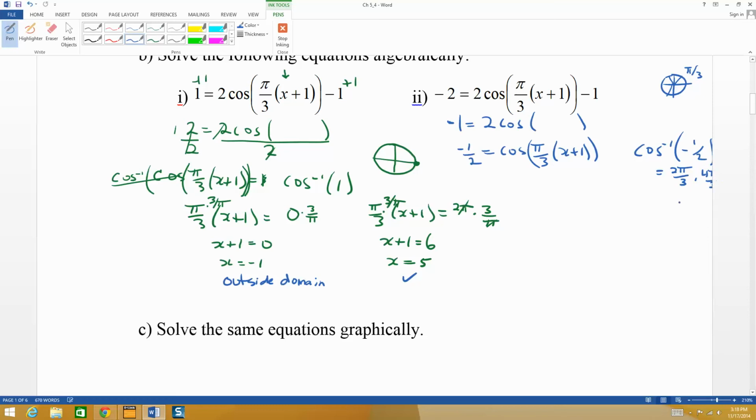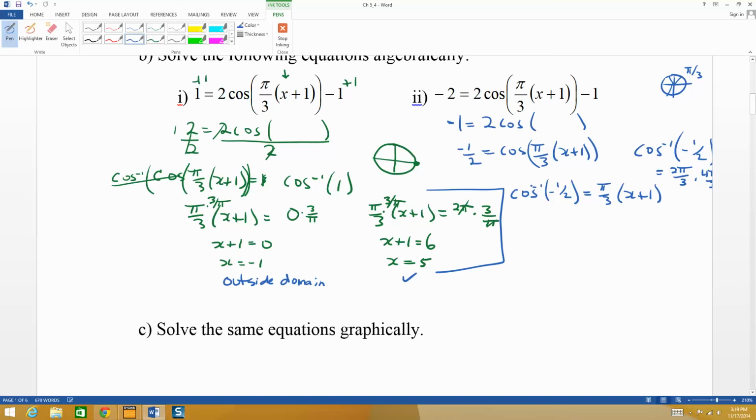Oh, I'm getting off to the edge of that line. So making some room for my work here, I will write, when I do the inverse cos of both sides, I'll say the inverse cos of negative 1/2 is equal to pi over 3 times x plus 1.